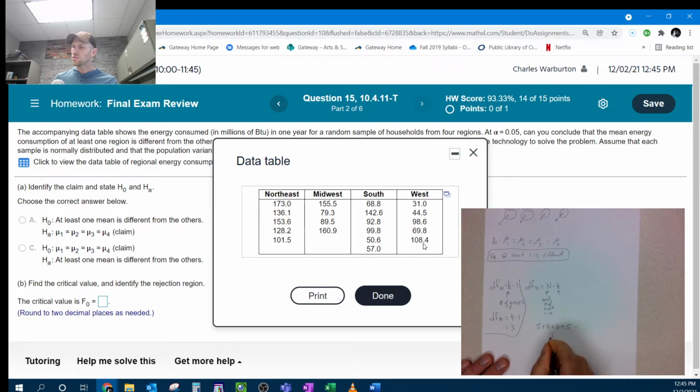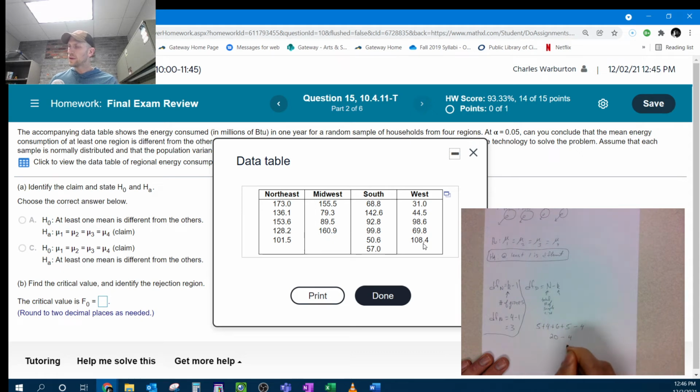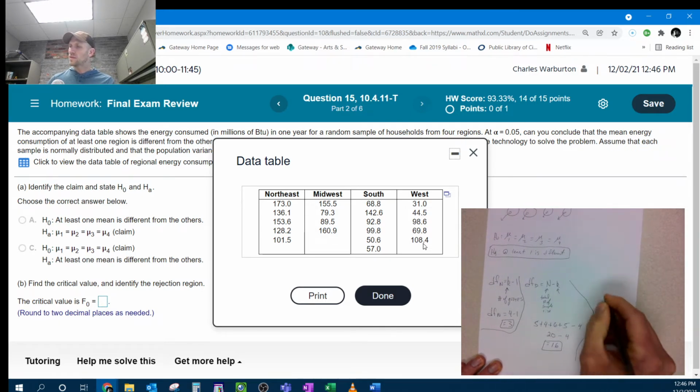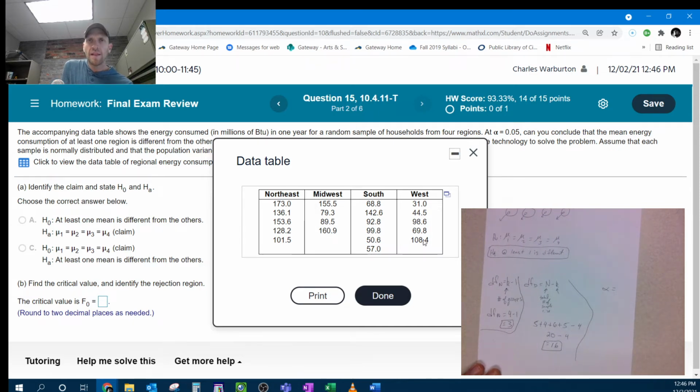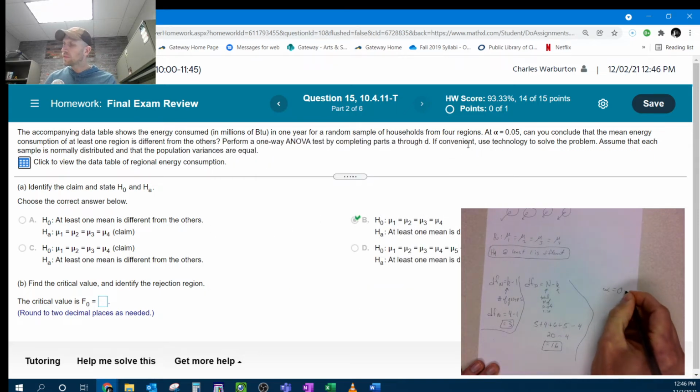And then we have to do 20 minus how many groups? 4 groups. So 16 degrees of freedom in the denominator. 3 in the numerator, 16 in the denominator. Now we also have to keep track of the alpha value, which should be given. My alpha value is 0.05.